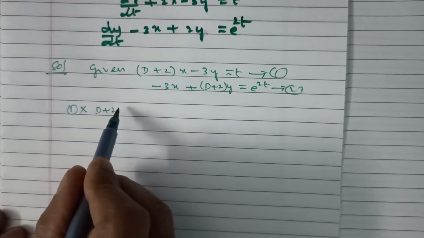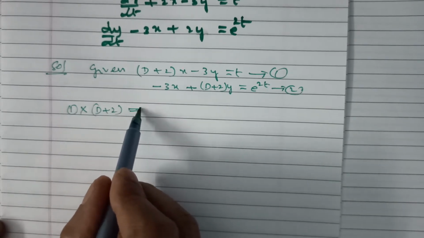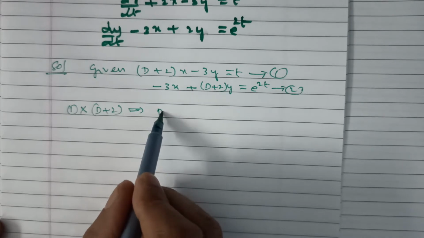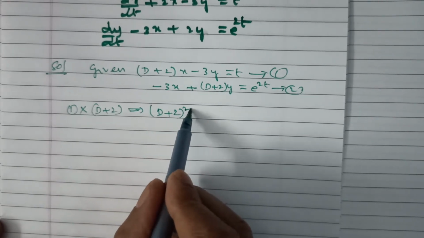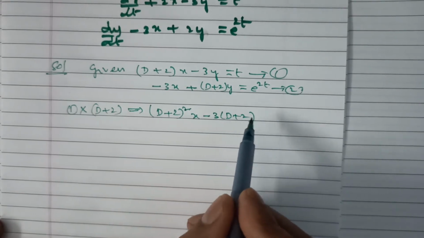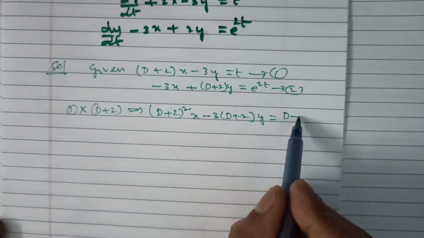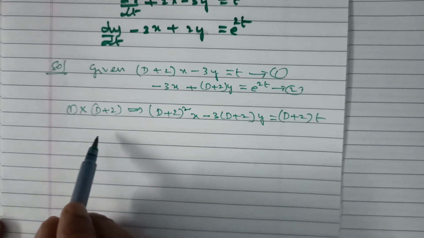First equation into D plus 2 implies (D plus 2) whole square of x minus 3 into (D plus 2) of y is equal to (D plus 2) into t. The right side, (D plus 2) into t.